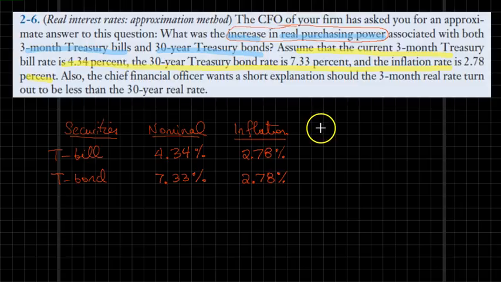Now, finally, by looking at the difference between these two variables, we will be able to compute the inferred real rate.